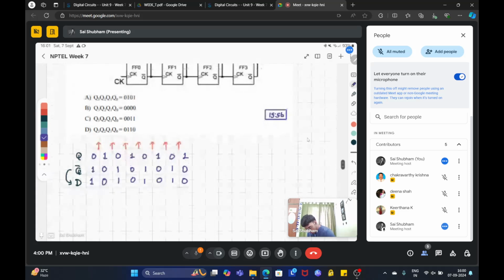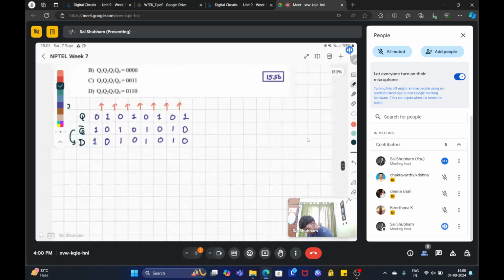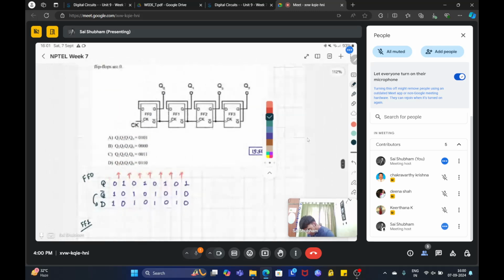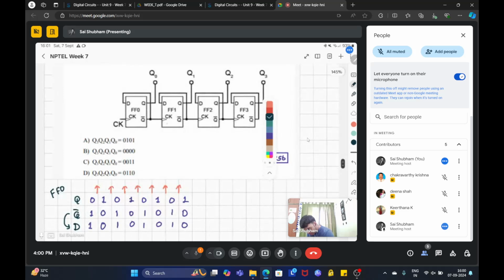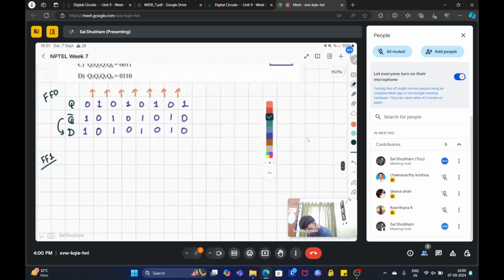Fine. So this is for the FF0. Now what about FF1? So if you look, Q bar is basically being fed to the clock of FF1, right? So the clock for FF1 looks like this.